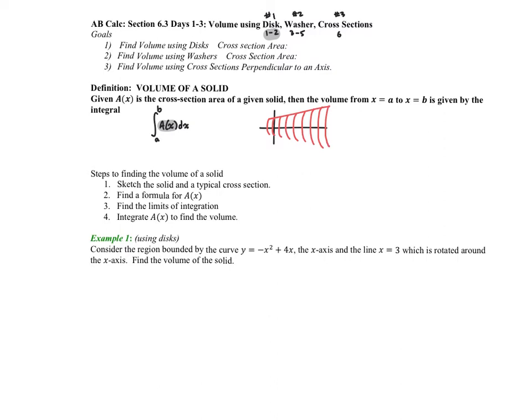So you can imagine that we would end up with this almost cone-looking shape. So A of x would be some kind of circular function.